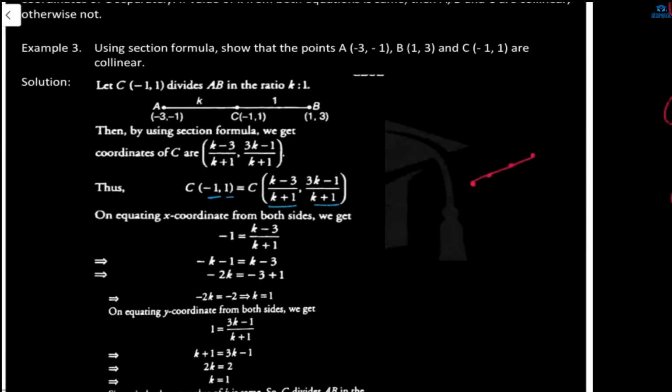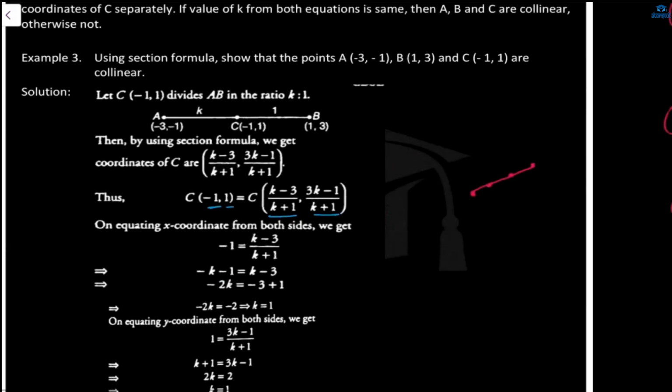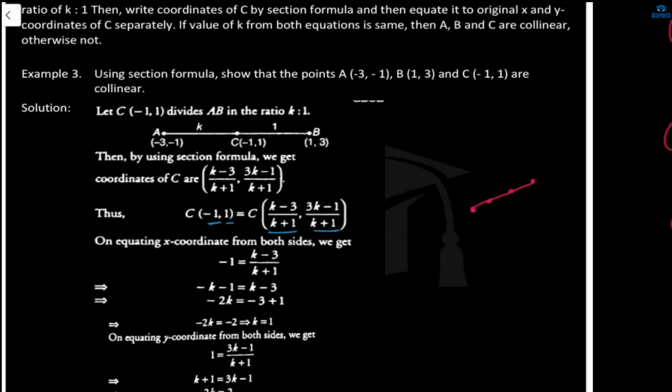First of all, we are going to assume the ratio, because you see here the ratio is not given, but the point which is dividing the line segment is given, that is C. The value of A is minus 3 comma minus 1, the value of C is minus 1 comma 1, and the value of B is 1 comma 3. In this scenario, we are going to assume the ratio in which the line is divided by the point C is k is to 1.